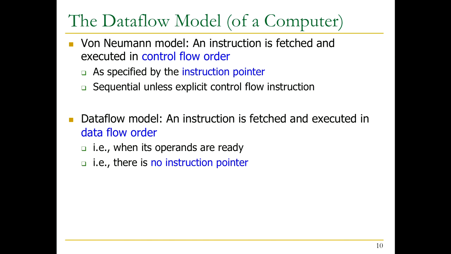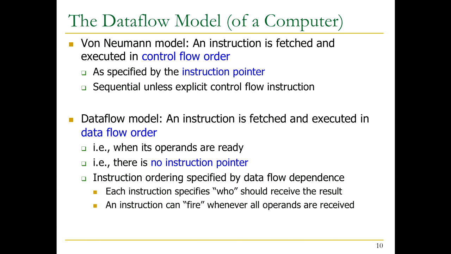Well, we've just eliminated perhaps the most fundamental thing that you've been working on since day one almost, right, in this course, the program counter, the sequential. So here the instruction ordering is specified by the data flow dependence, not something outside, not the memory address of an instruction that's incremented. And then each instruction specifies who should receive the result, if you will, which other instruction is the destination.